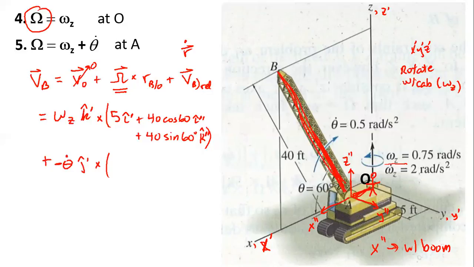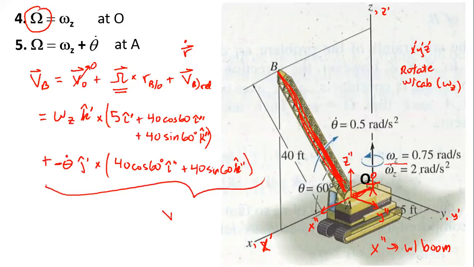Okay, so now that's going to be 40 cosine 60 degrees in the I double prime plus 40 sine 60 in the K double prime. And this is going to be my VREL term.